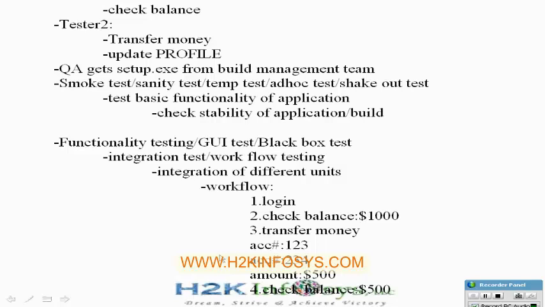Whereas with black box testing, everything is black, it's not transparent. So once you enter the username and password and click login, you don't see the code at all. That's what you are going to mainly focus on, functional or GUI testing, graphical user interface.